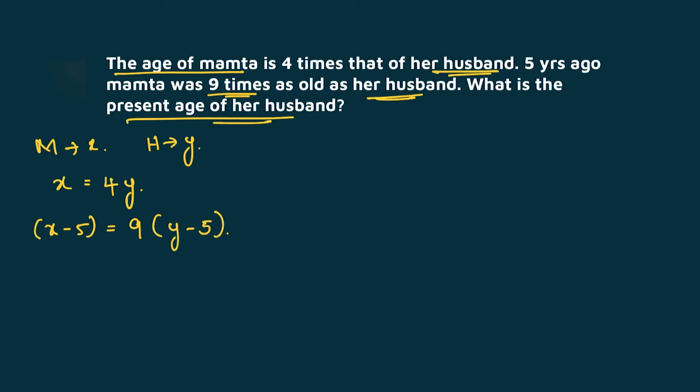So, what is the present age of her husband? Using this equation, we have to find the present age of her husband. This equation can also be written as y is equal to x by 4.